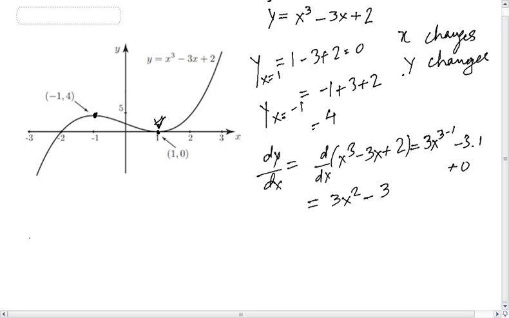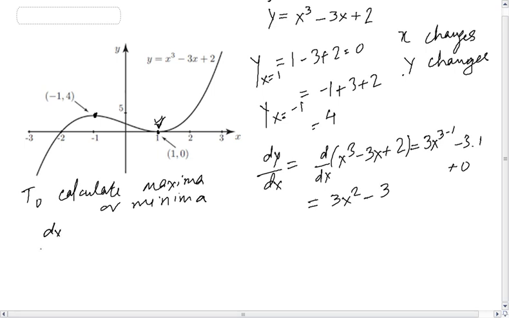Now to calculate maxima or minima, what we do is equate dy by dx to 0 and solve this.